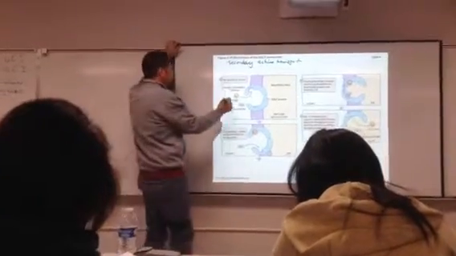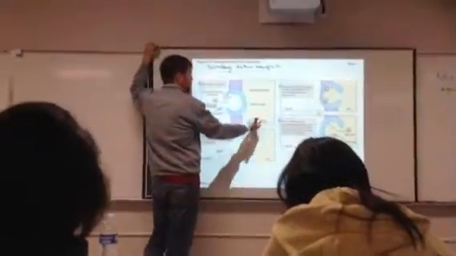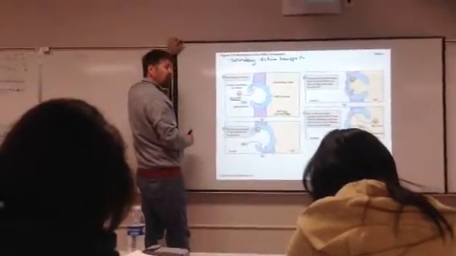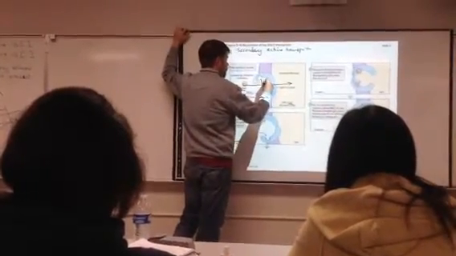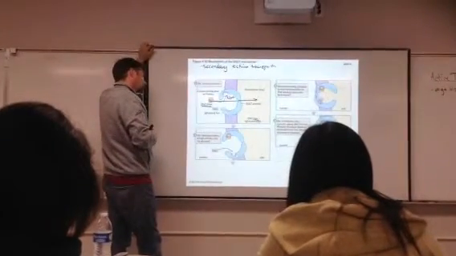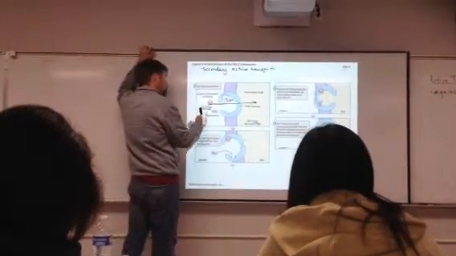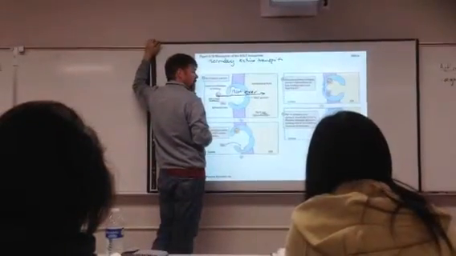For example, here, sodium's in a high concentration outside of the cell and a low concentration inside of the cell. So in which direction will sodium diffuse? Into the cell. Exergonic or endergonic? Exergonic, right? From a high concentration, high energy, to a low concentration, low energy.